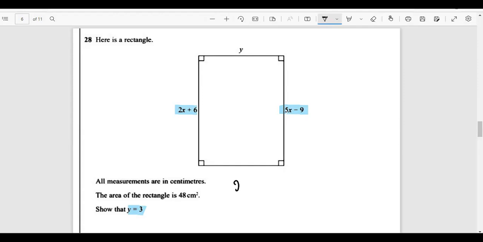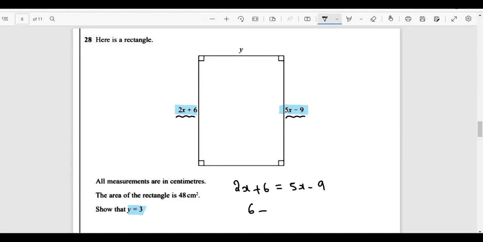Now, 2x plus 6 is the length, right? These two sides would be equal, so this would be equal to 5x minus 9, right? So I can find the value of x. I have an equation, and the only unknown variable is x.